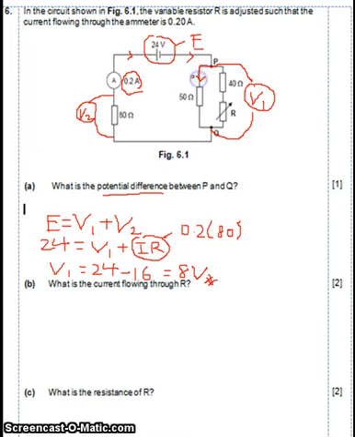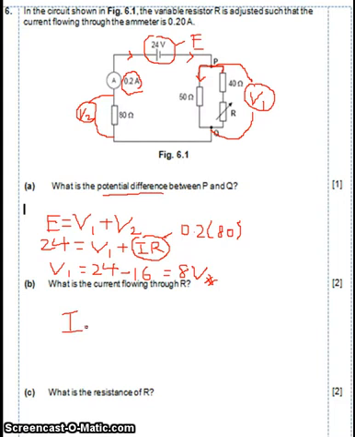One part goes here, which is through the 50 ohm resistor. Another part flows here, which is through the 40 ohm resistor and resistor R. So if we are able to find out what is the current flowing through the 50 ohm resistor, all we need to do is to subtract it away from the 0.2. Then we will be getting that. So in short, it means this.